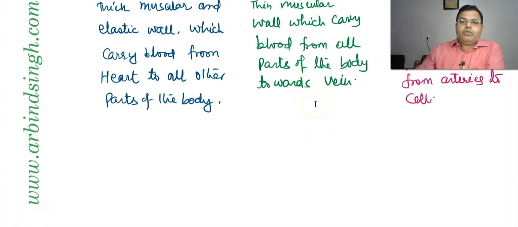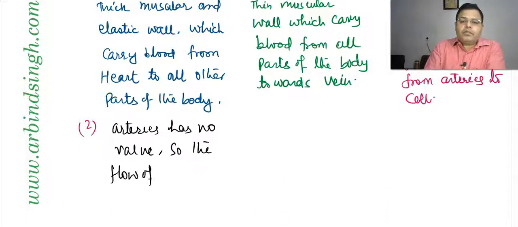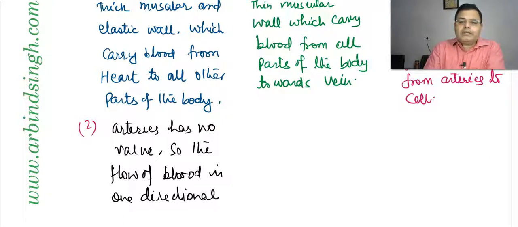The second point is that arteries have no valves, so the flow of blood is one directional, without any obstacle.